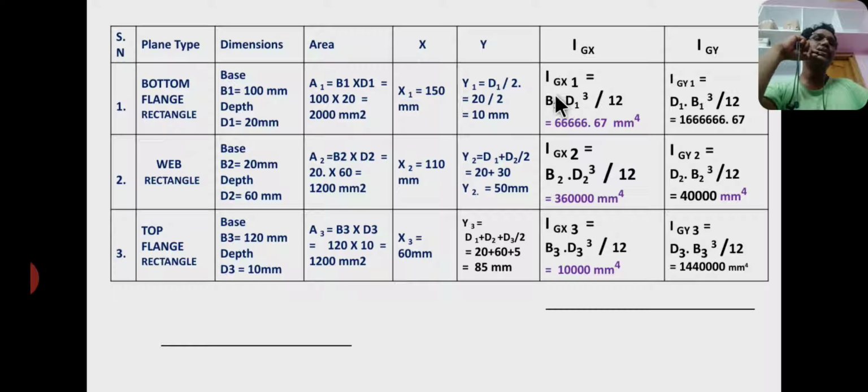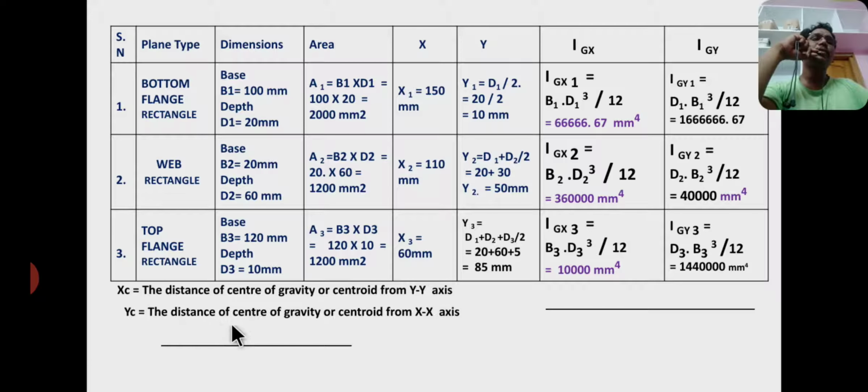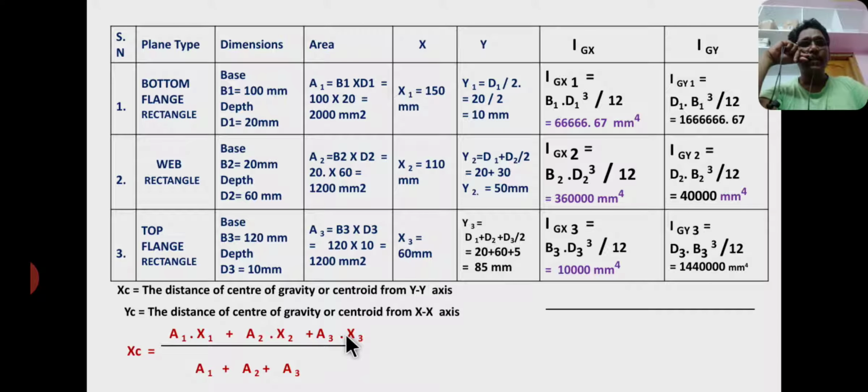Suffix 1 refers to section 1, that is the bottom rectangle. Suffix 2 refers to the middle rectangle. Suffix 3 refers to the top rectangle, that is the third section. From basic formulas, xc is the distance of the centroid or center of gravity from the y-axis, and yc is the distance of the centroid or center of gravity from the x-axis. xc equals a1 x1 plus a2 x2 plus a3 x3 by a1 plus a2 plus a3, and the answer is xc equal to 114.54 mm.